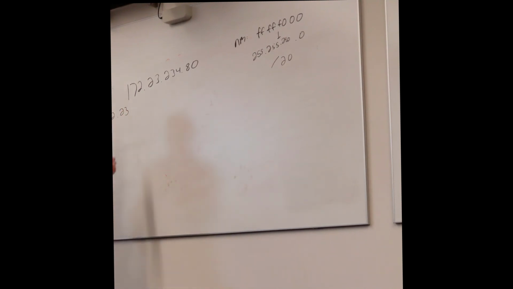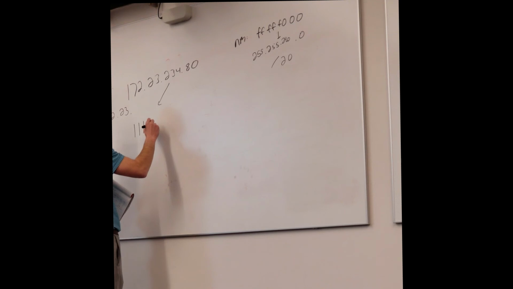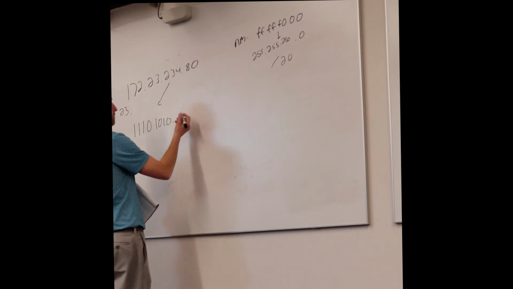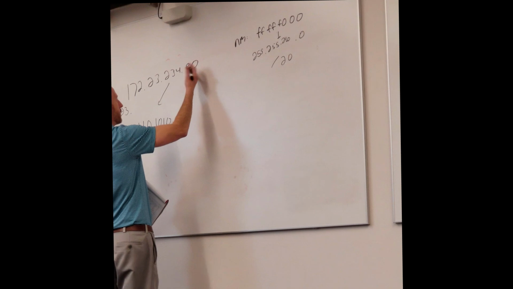And then this is going to be 234, so I think this is 16 plus 1010, that's 234. And this last octet is actually not going to be used either, because we're in this space.